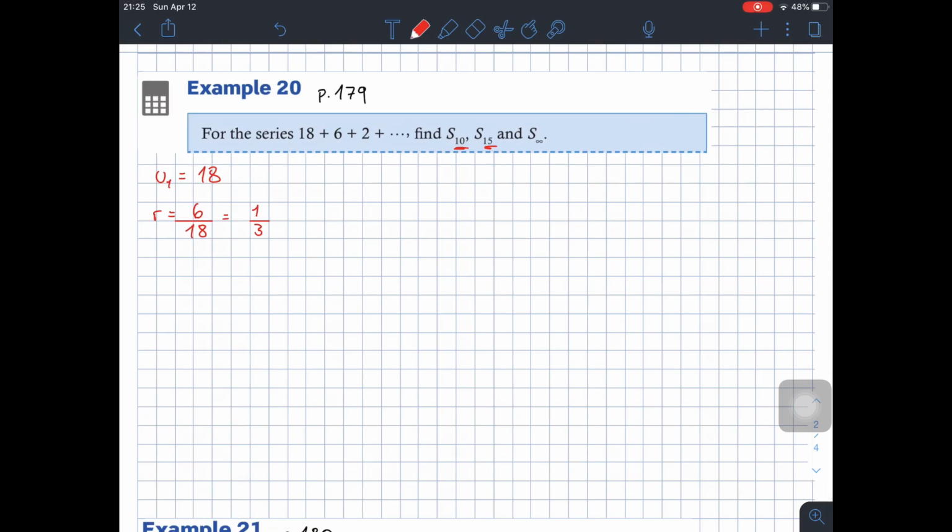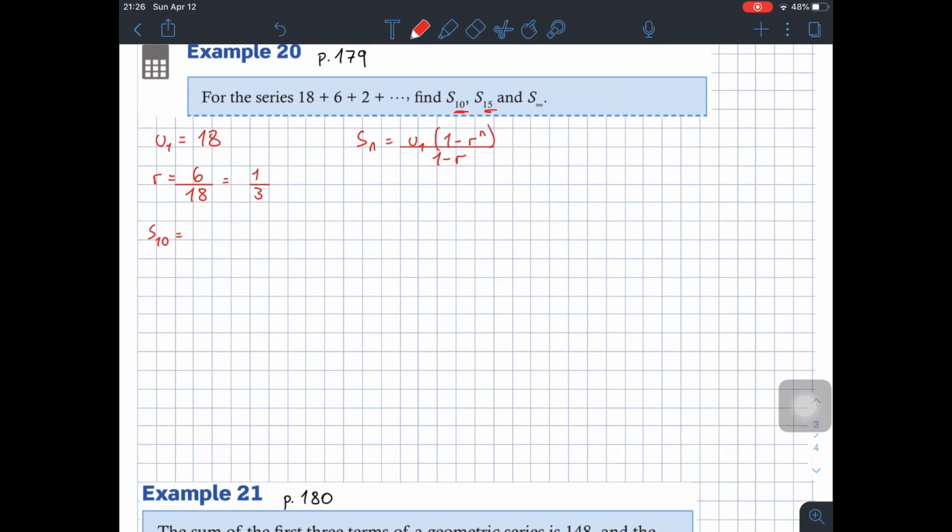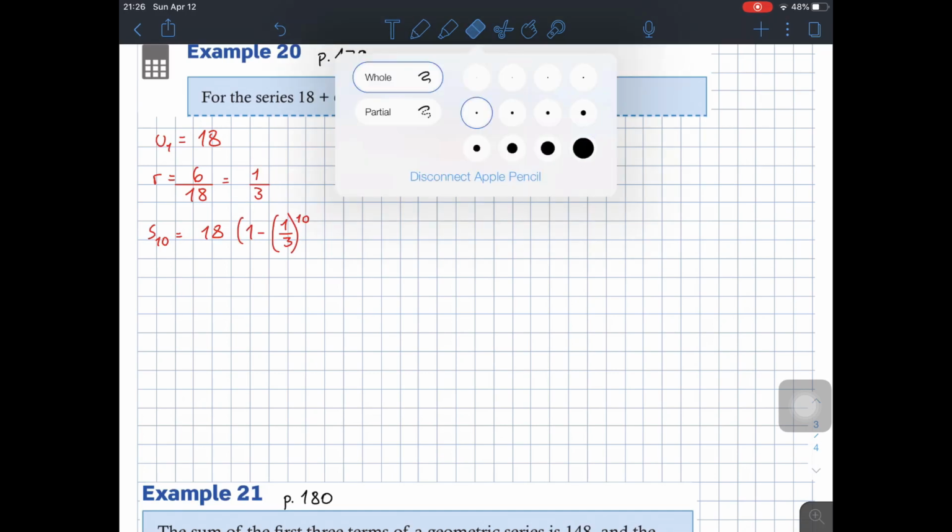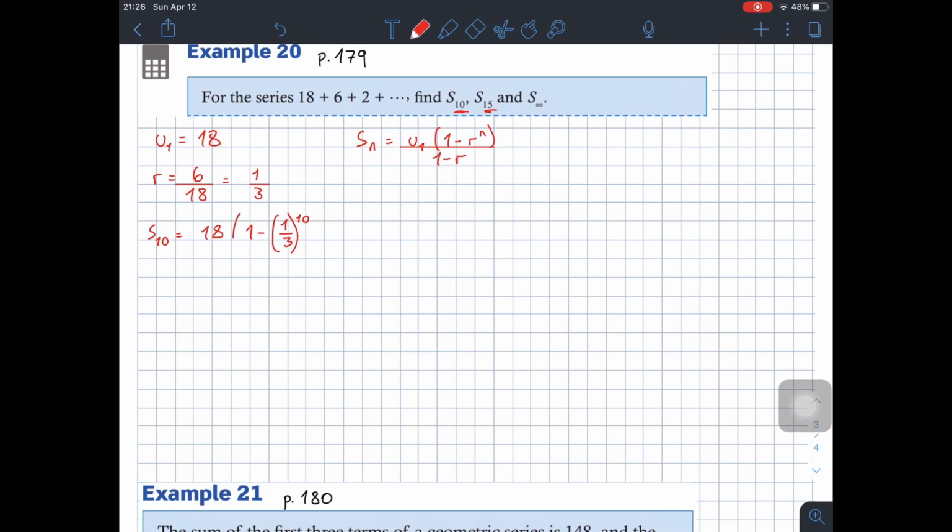Okay, so s of 10. By applying the old formula, which is this one over here, u1 times 1 minus r to the power of n, divided by 1 minus r, we would get 18 times 1 minus 1/3 to the power of 10, which we can write using parentheses, divided by 1 minus 1/3.